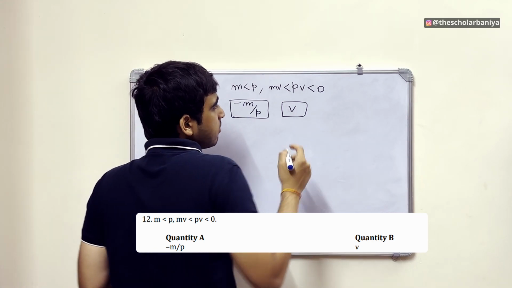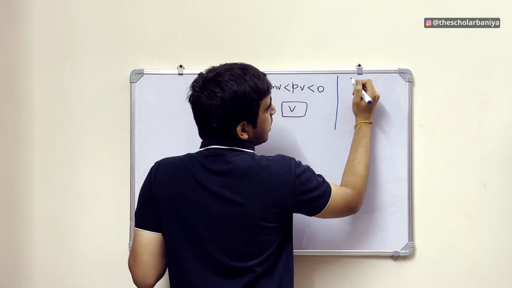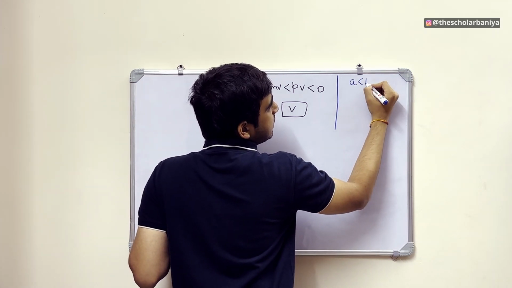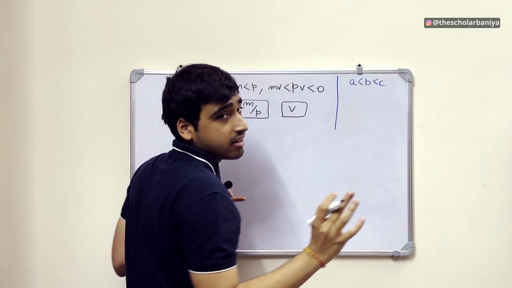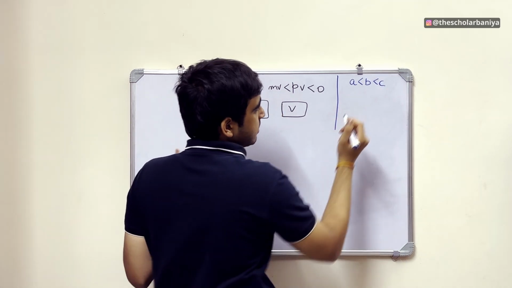Before I proceed with the question, I would like to make a few things clear. For example, if A is less than B is less than C is given, this basically means there are three possible cases.